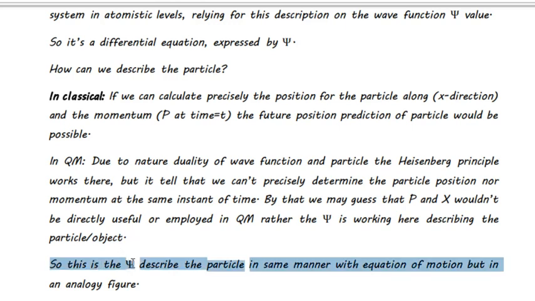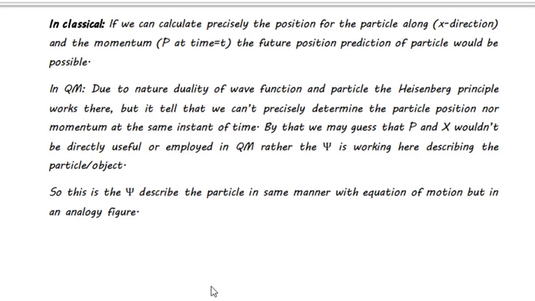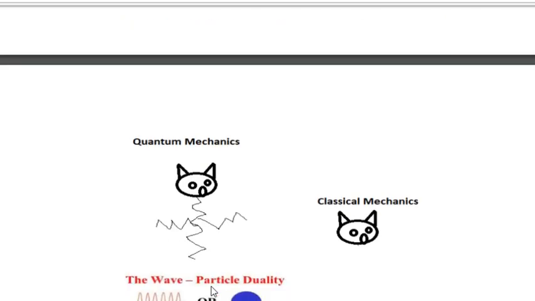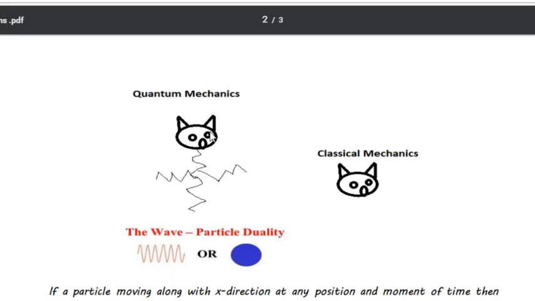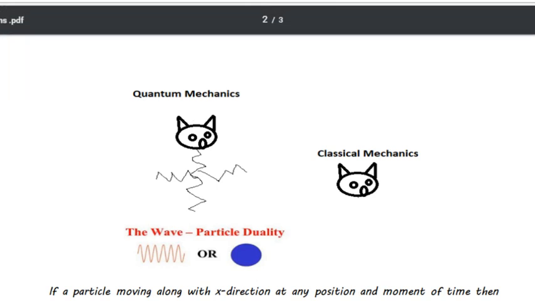So the wave function psi describes the particle in the same manner as the equation of motion, but in analogy, because of its duality, it's not only a particle. So this is like the cat's head, and its body is like the wave, because of the wave duality, it's moving together, and this is the quantum mechanics meaning.